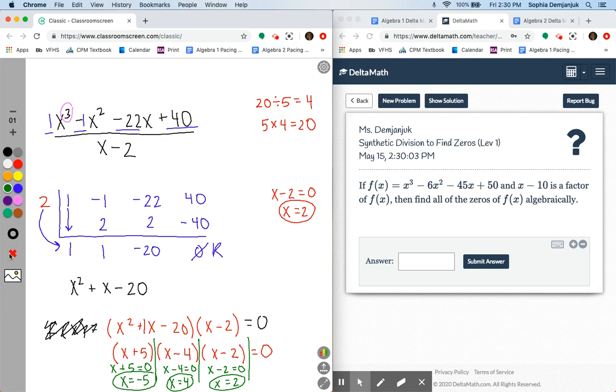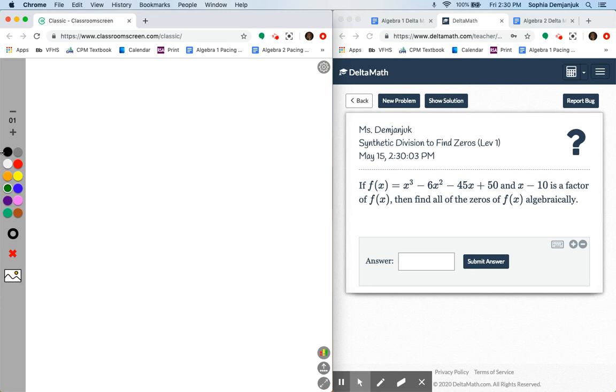We can do another example like this one. I'm starting out with x to the third minus 6x squared minus 45x plus 50. And it says that x minus 10 is a factor of it, so I can easily evenly divide by x minus 10, and I'm going to use synthetic division to do so.